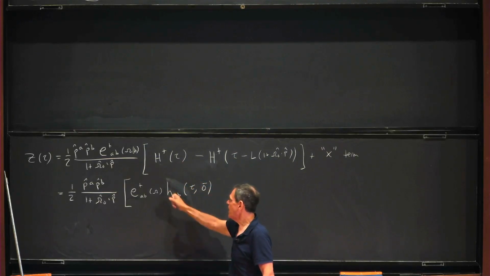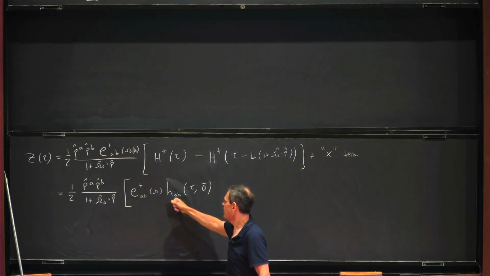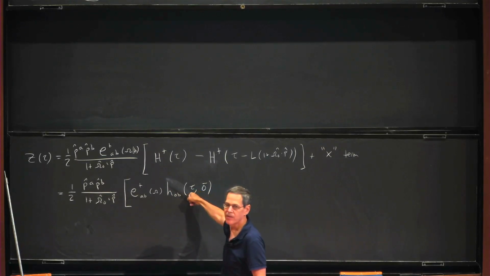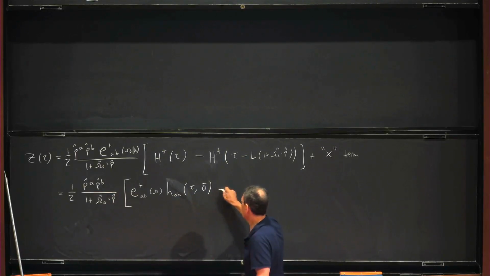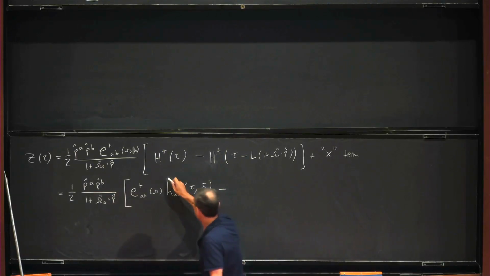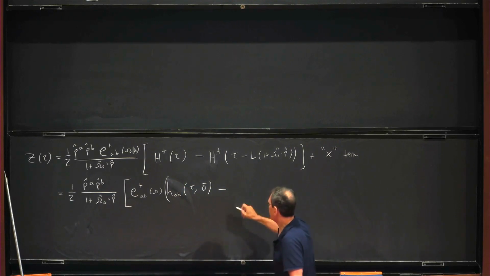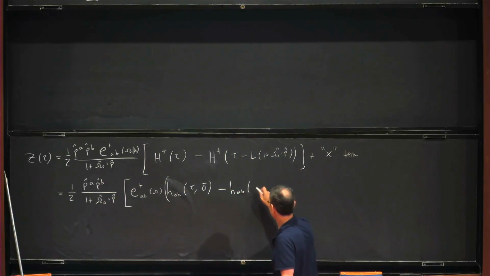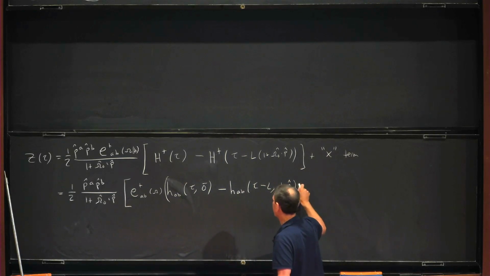So this is the gravitational wave amplitude evaluated at the Earth at the time that the pulse arrives. And what about the other term back here? The other term back here is the gravitational wave amplitude at time tau minus L at L p hat.